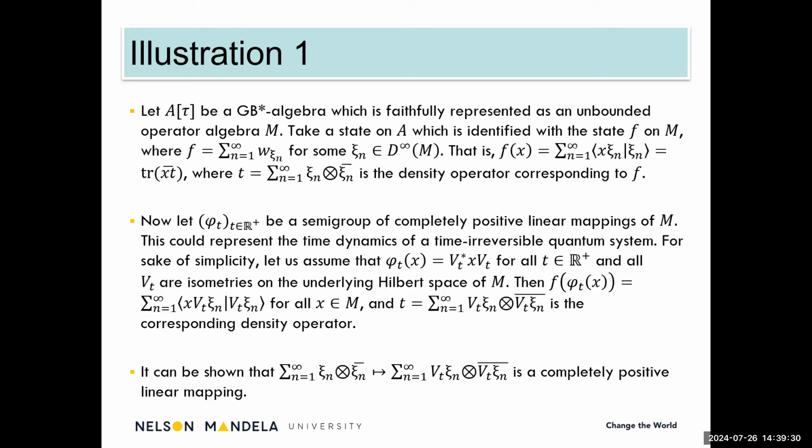But due to interests of time, I don't necessarily have time to show you how this works out. But it's not very difficult to show that. Okay, so in other words, this actually turns out to be a quantum channel.